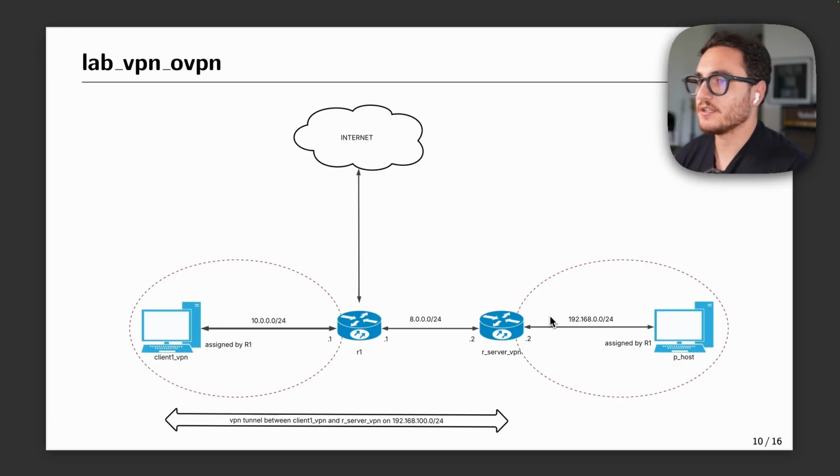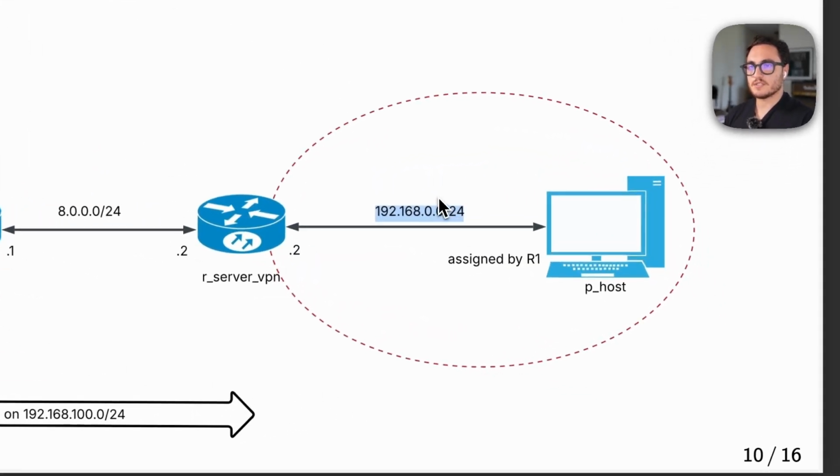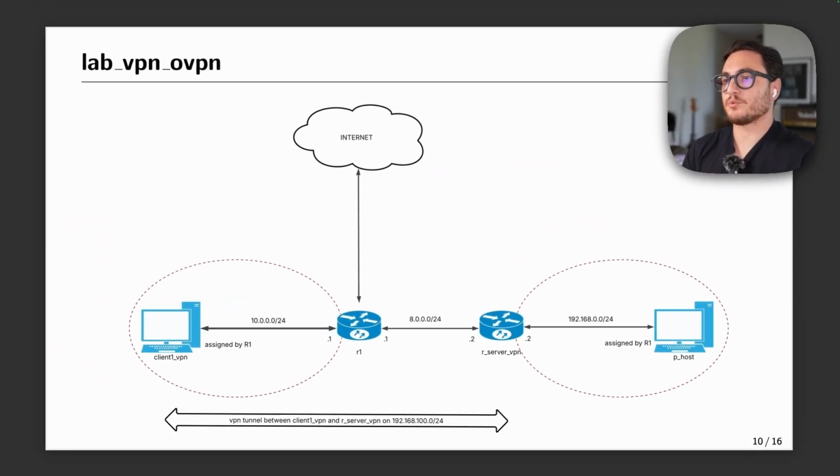And this is exactly the scenario that you're going to face in your professional lives. Imagine that this subnet here, 192.168.0.0, is the private network of the corporate office. The server VPN is either the border router to your private network, or it's a physical server that is going to act as a VPN server.